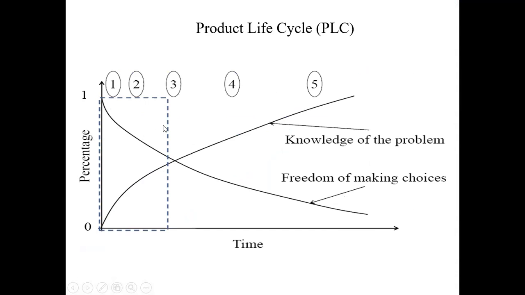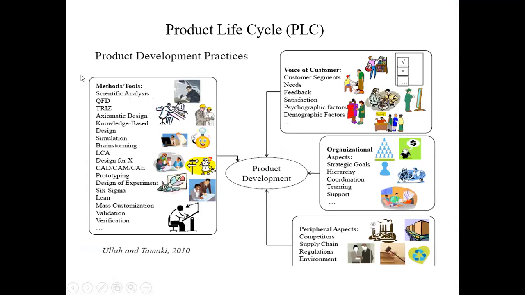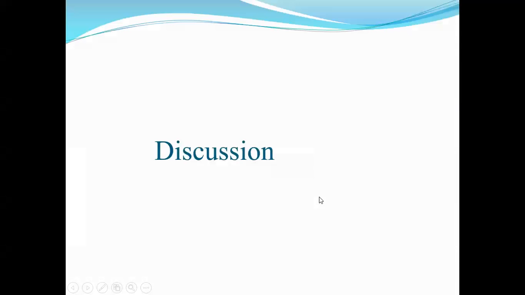This is the basic idea, but 80% of the cost is decided initially. These are the product life cycle tools and techniques: scientific product development, virtual customer, organizational and peripheral aspects, all considered for the discussion.